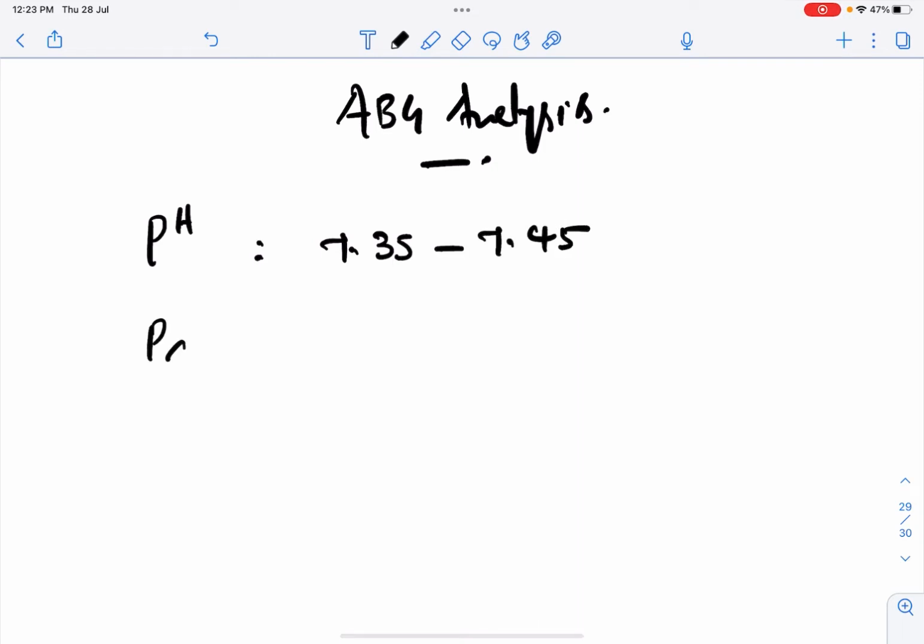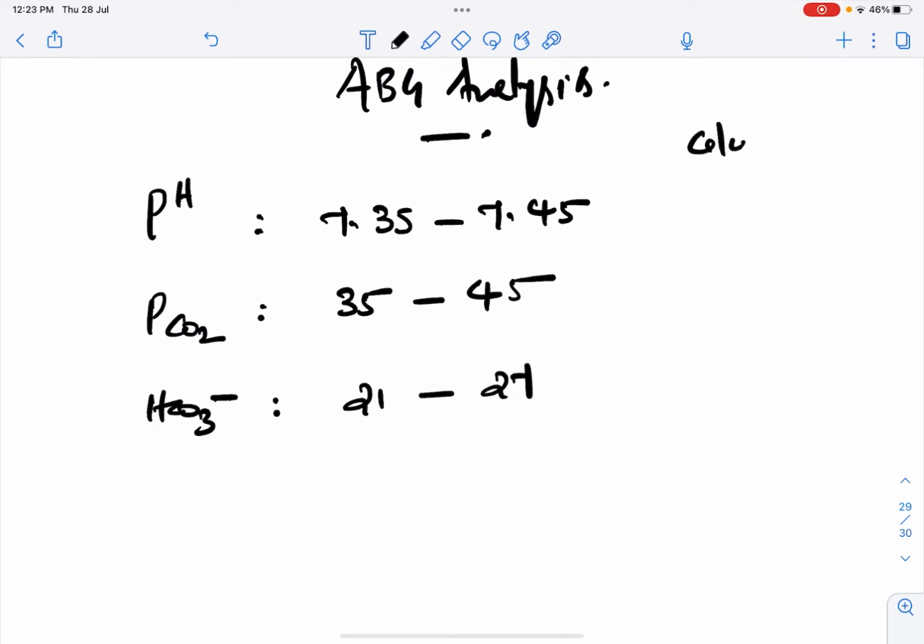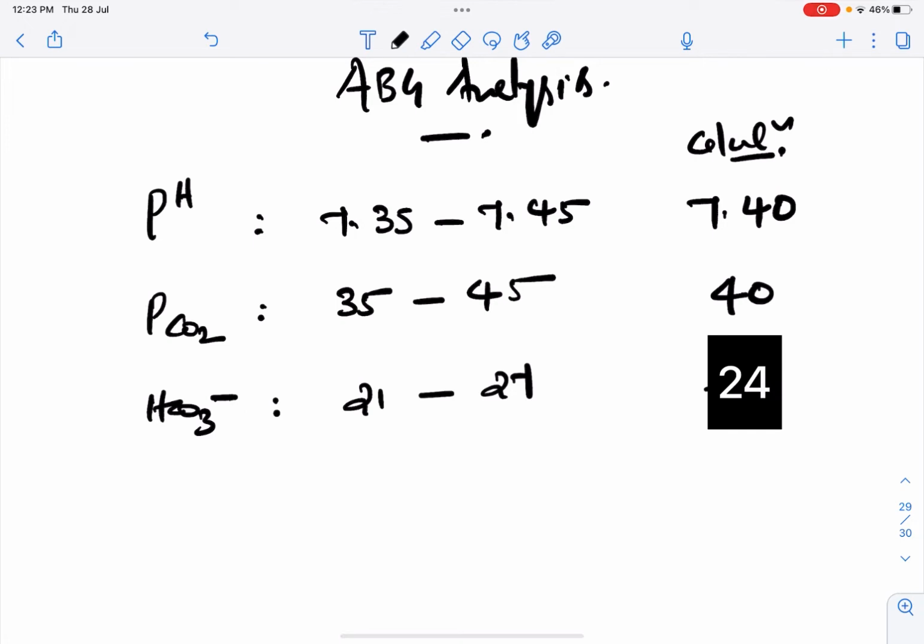The normal PCO2 ranges from 35 to 45 mmHg, and the normal bicarbonate level is 21 to 27 milliequivalents. But for calculation purposes, we are taking 7.40 as the normal pH, 40 as the normal PCO2, and 24 as the normal bicarbonate.